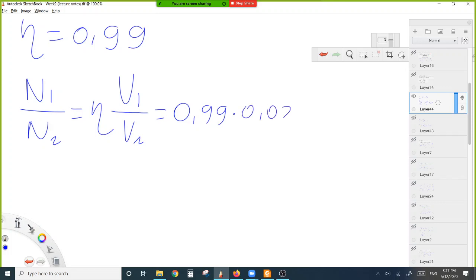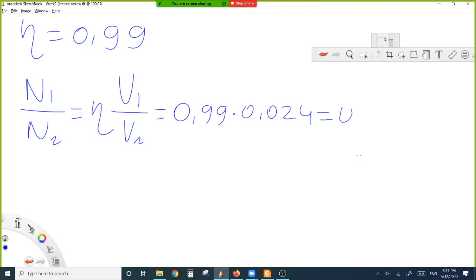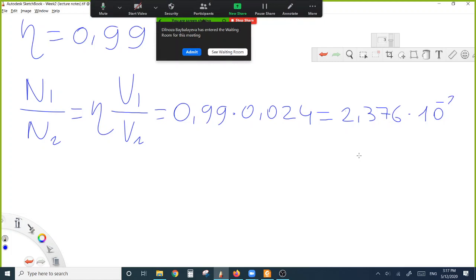So it is equal to 2.376 times 10 to the power of -2.